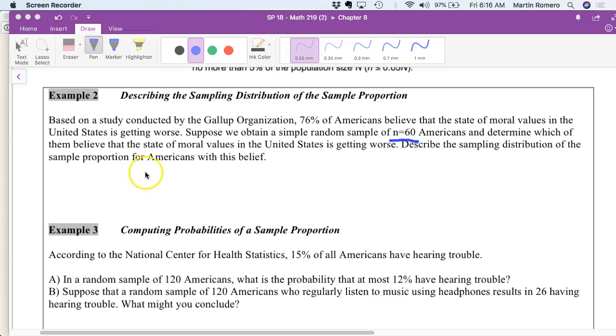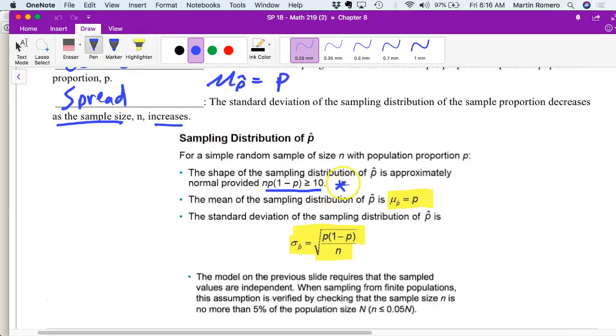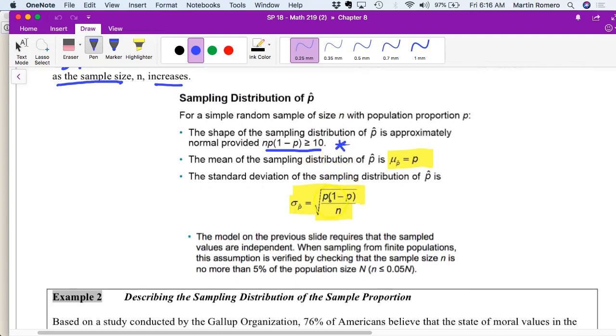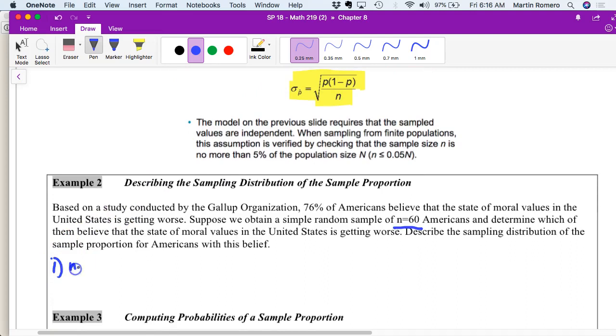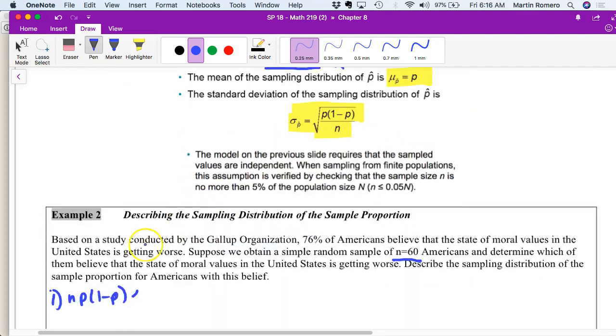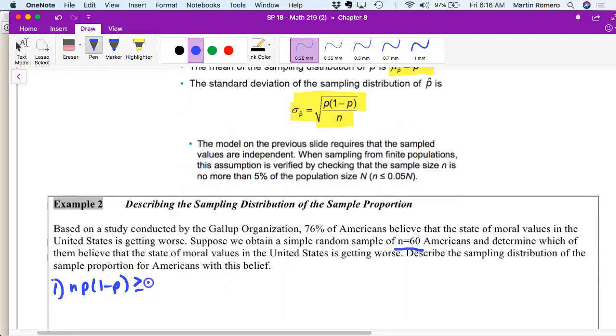To describe the sampling distribution, we first need to make sure the first condition is met. If this is to be a normal distribution, this condition needs to be met. So we want to check n times p times 1 minus p. Is it greater than or equal to 10?